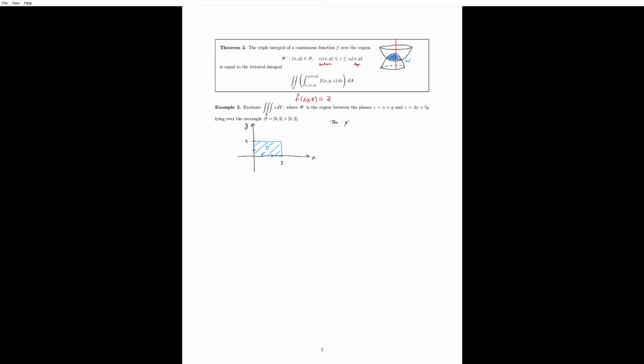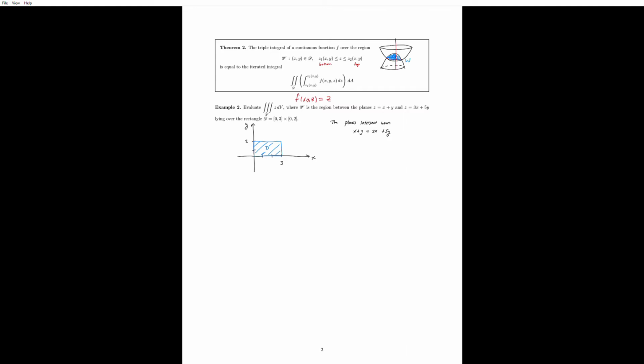The planes intersect when they're equal. So this would be x plus y equals 3x plus 5y.